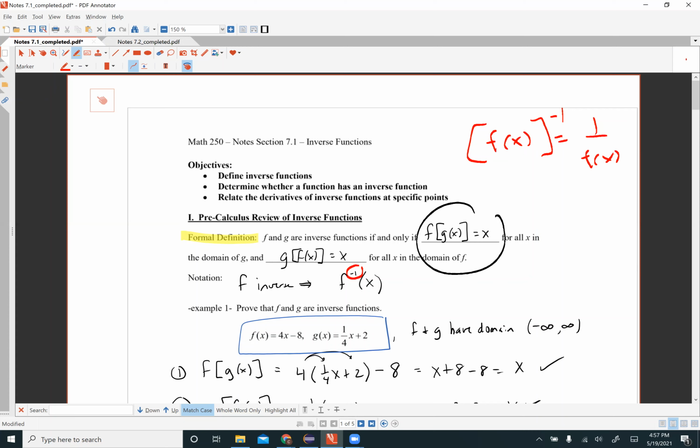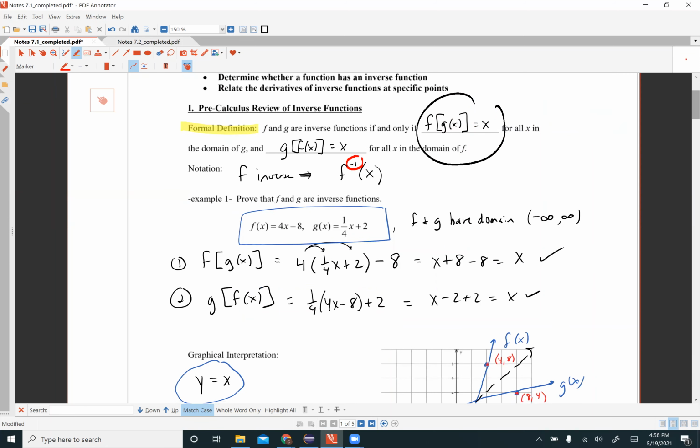Remember, the inverse of f undoes what f does. So if f is some function that takes 1 to 3, the inverse of f would take 3 back to 1. You may remember this as example 1. It says prove that f and g are inverse functions. f of x is 4x minus 8, and g of x is 1/4 x plus 2.